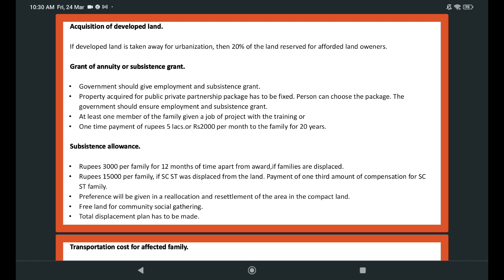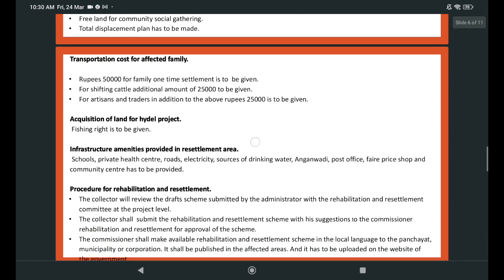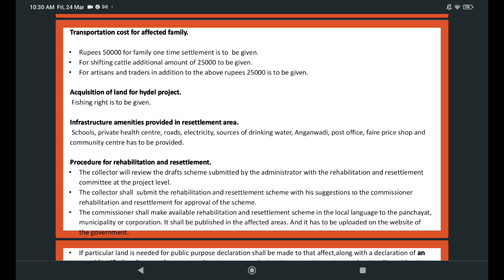Free land for community gathering. Transportation cost for the affected people. Rupees 50,000 for family one-time settlement. For shifting cattle, an additional amount of rupees 25,000. For artisans and traders, in addition to the above, another 25,000 will be given.